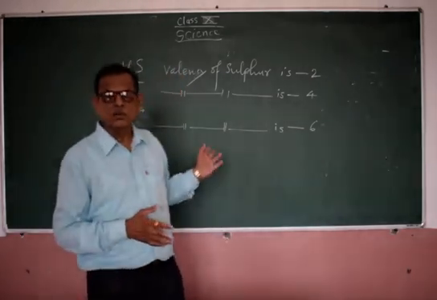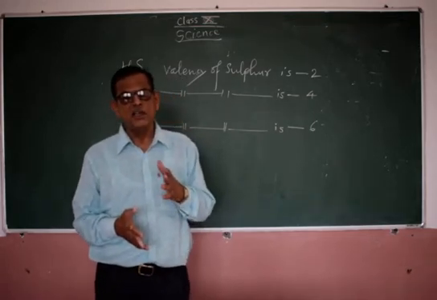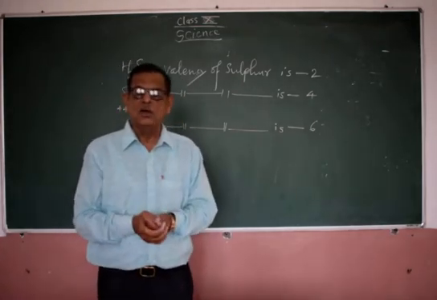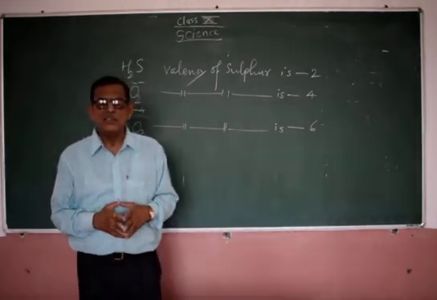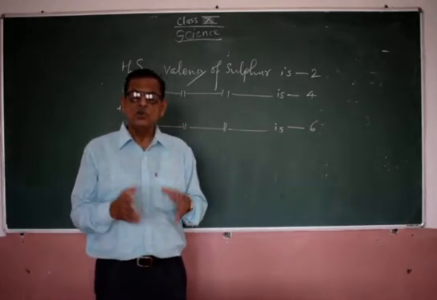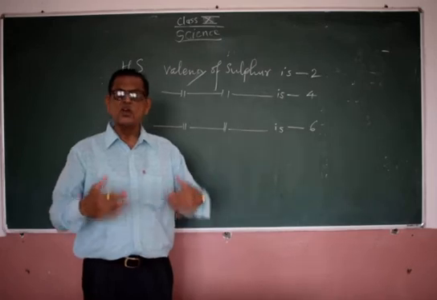Then oxygen is next to fluorine, having electronegativity 3.5 Pauling. Now, what do you mean by electronegativity? Electronegativity means the tendency of an element to attract the bond pair of electrons or shared pair of electrons towards itself.